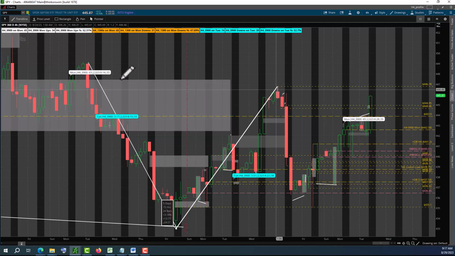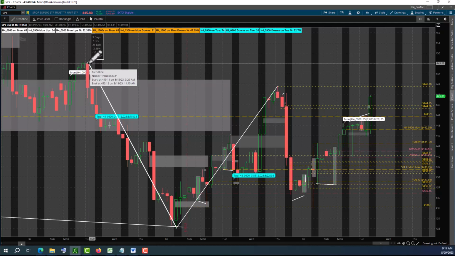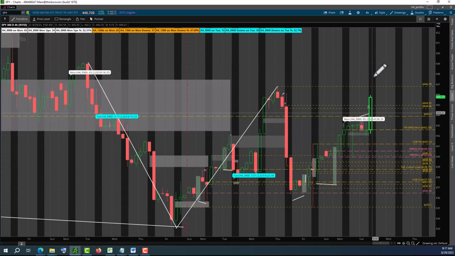Check out the buy side liquidity. That means it dropped the buy side liquidity here, and now it's going to go and get it. You see, now it goes and gets it. Then it goes back down to check the sell side liquidity right here.